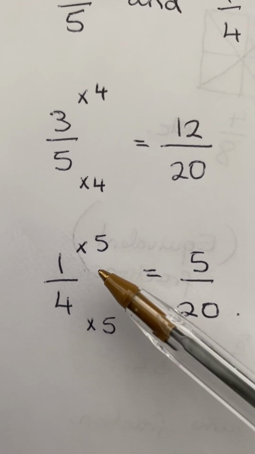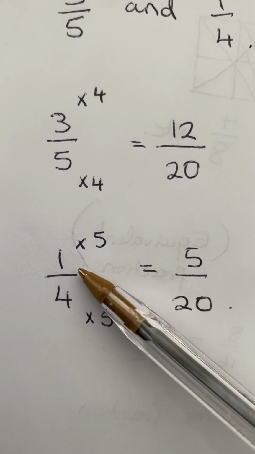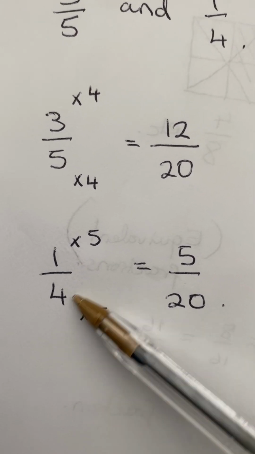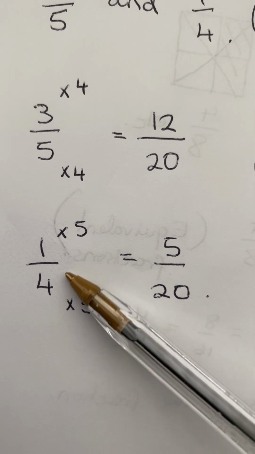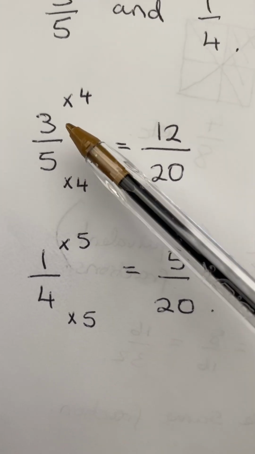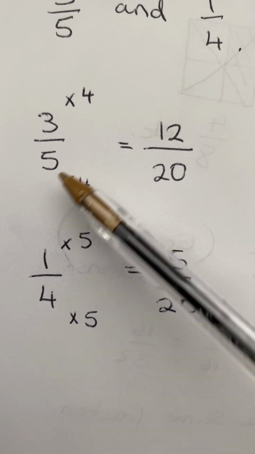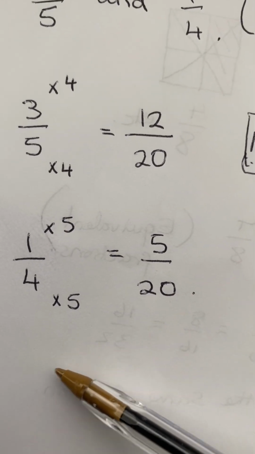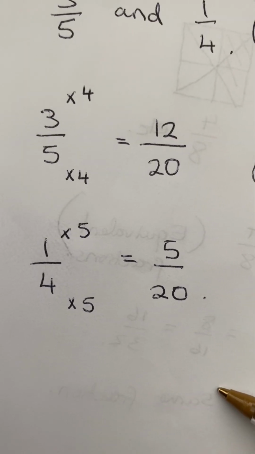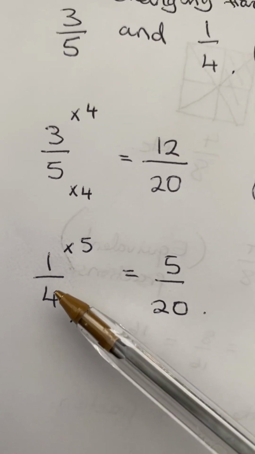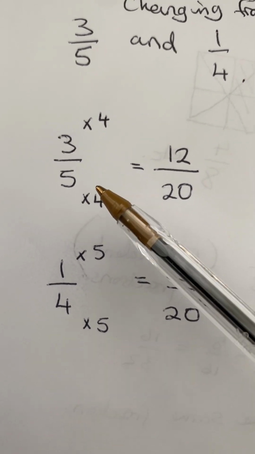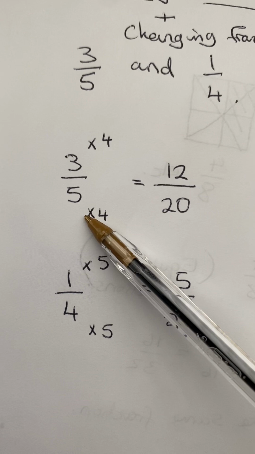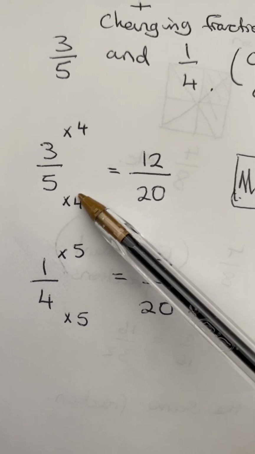So what I have just done is show that 1 over 4 is less than 3 over 5. So 1 over 4 is the smallest, assuming I'm arranging from smallest to highest. 3 over 5 will be the largest fraction.